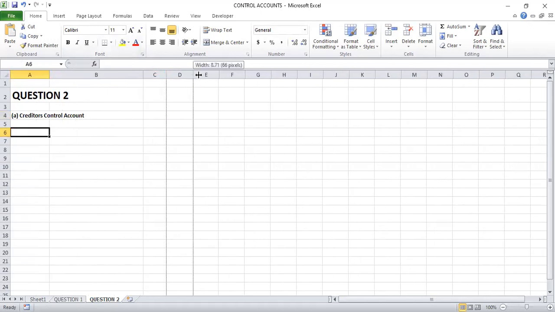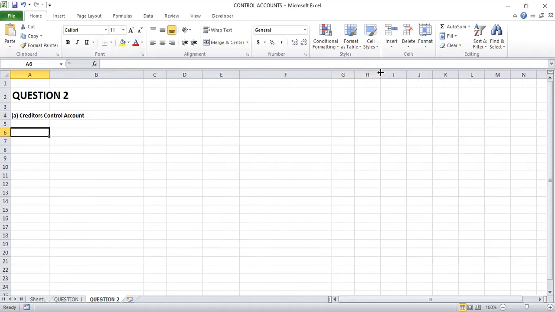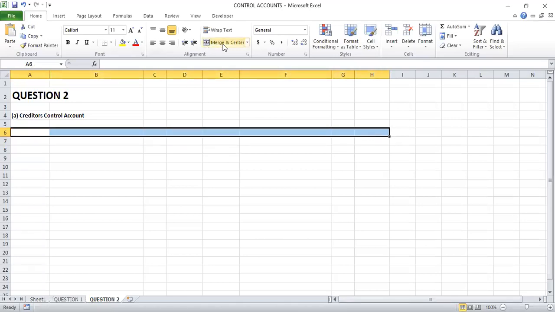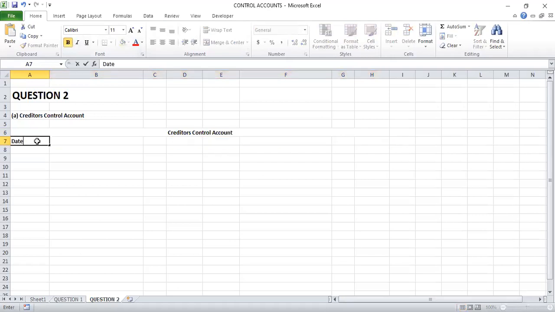We'll have just the control account: dates, details, folio, amount, dates, details, folio.